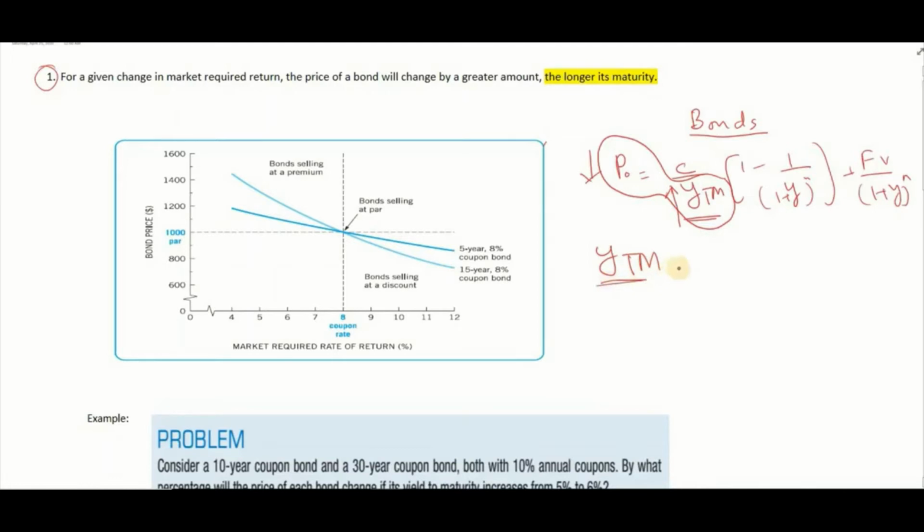YTM. If you see, I am an investor and I have some money in my pocket, so I want to invest somewhere, and this bond is giving me an option. This bond is selling at 1000 par value, and this is going to offer me 7% and the maturity is 10 years.